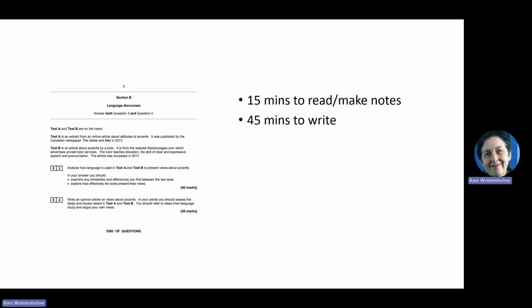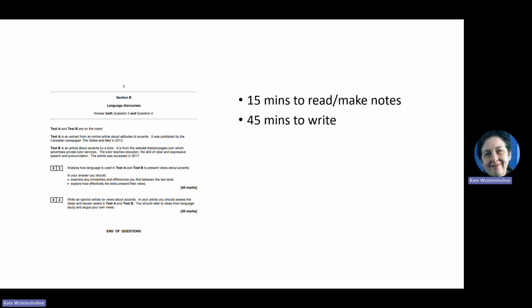Or they could be on any element of language change, such as prescriptivism versus descriptivism in a specific context, like technology is changing language for the worse, or global English is a terrible thing, it's killing other languages, and people don't speak English properly when they speak it in other countries. So it could be on anything that we've studied, so you've got to be ready for anything.